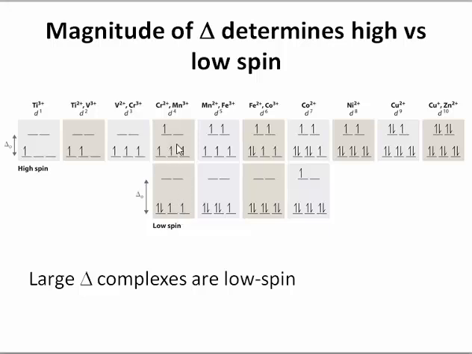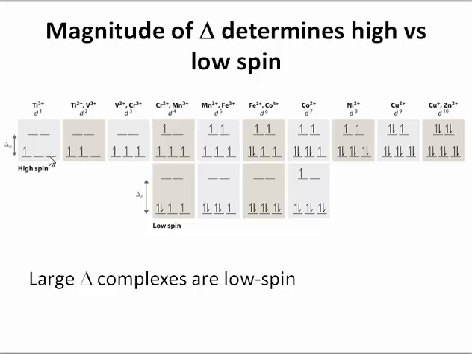If delta is small enough, the repulsion energy of putting 2 electrons in one orbital is actually smaller than moving an electron to occupy the next higher energy set of orbitals. So small values of delta give rise to so-called high-spin complexes.